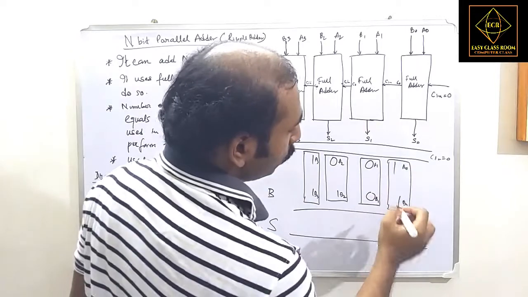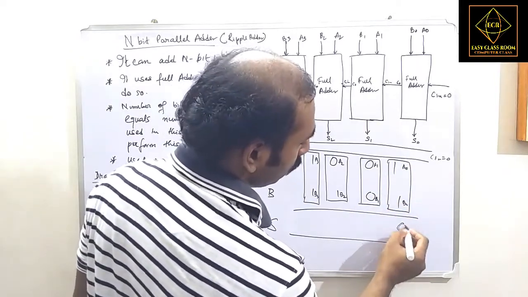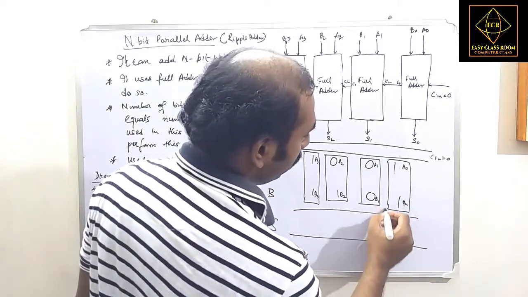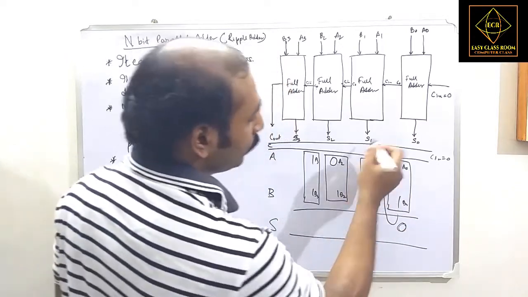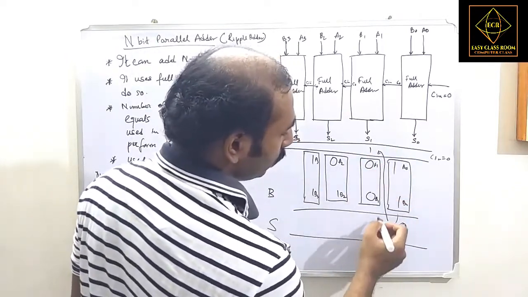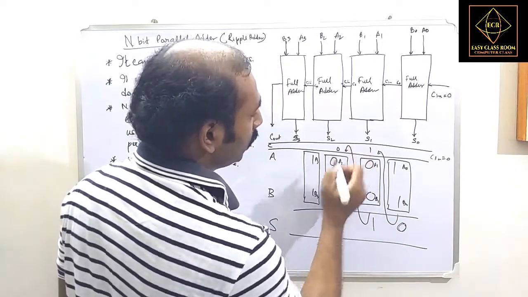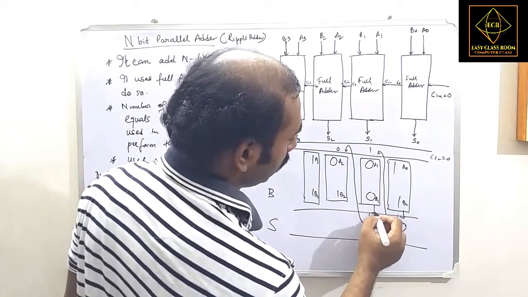So 1 plus 1, we will be getting 2. That means 0, and there will be a carry, and the carry will be moving upward. So 0 plus 1 is 1, and 1 plus 1 is 0, with carry 1. So this is the sum.